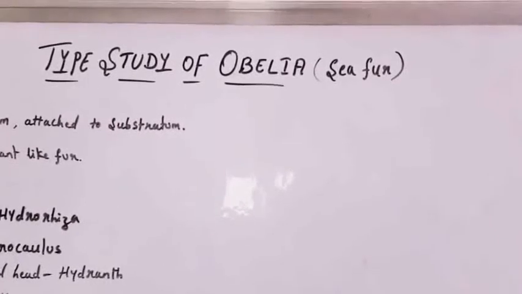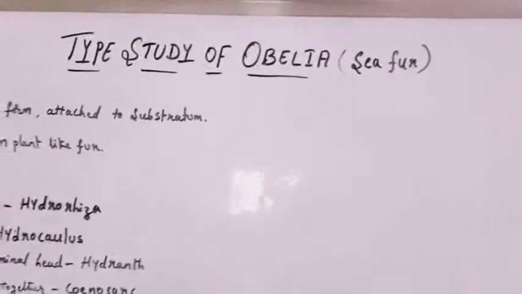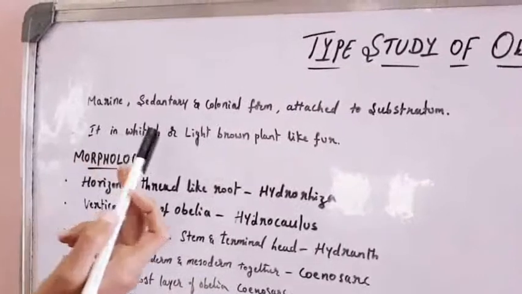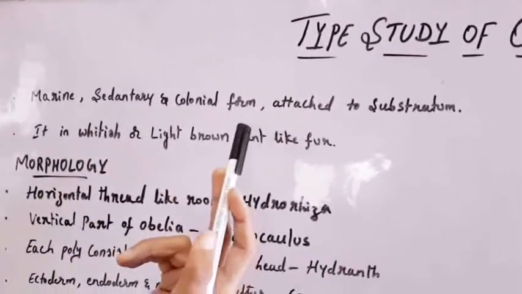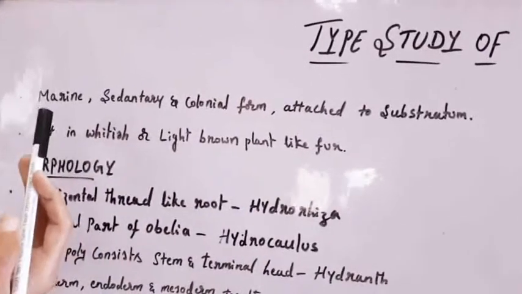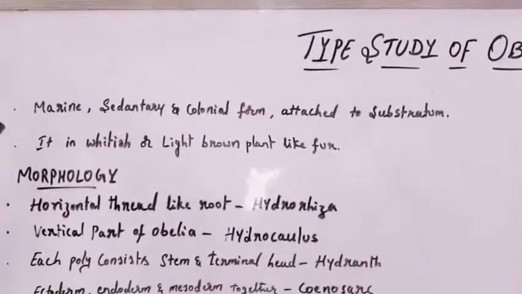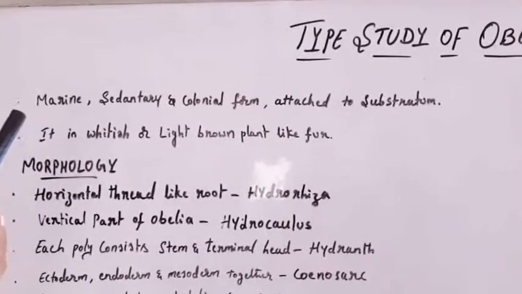Obelia is a marine form, sedentary and colonial form. This is the habit and habitat of Obelia.